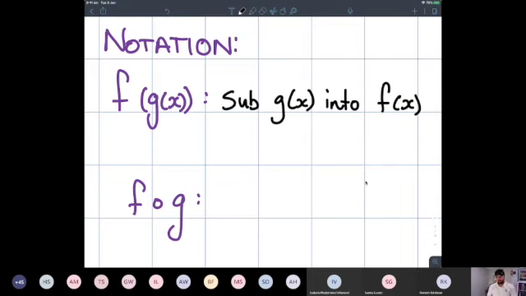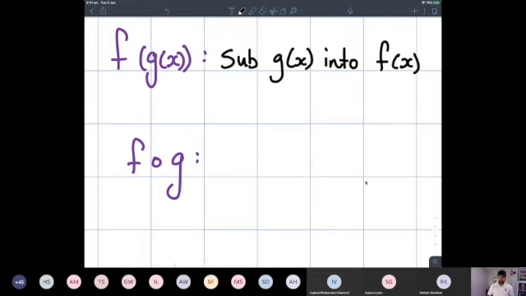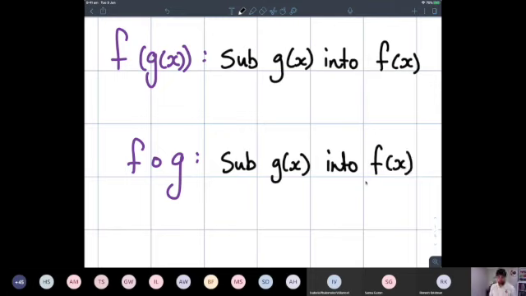The other notation that we see, and I like to describe it as the fog notation, means exactly the same thing. It means sub g of x into f of x. Very similar to if we think back to ratios. Remember when we describe ratios, we describe them in the order that they're stated.